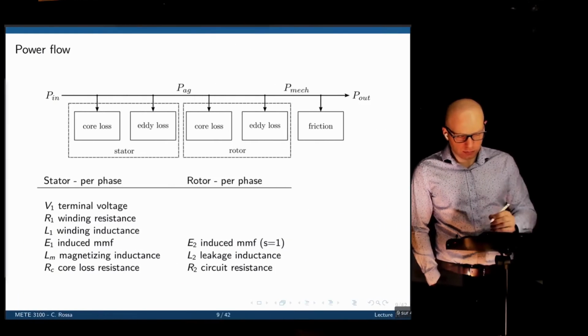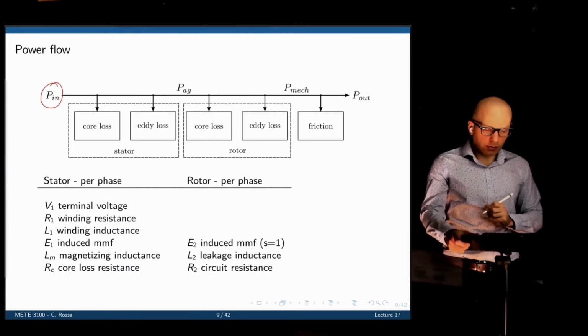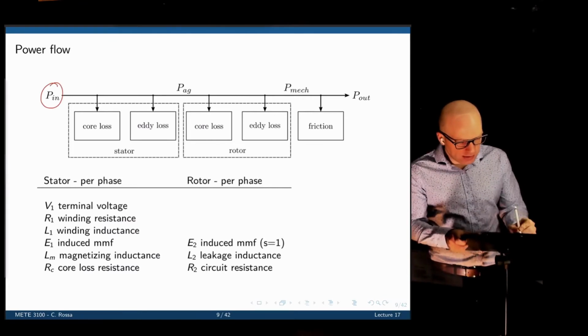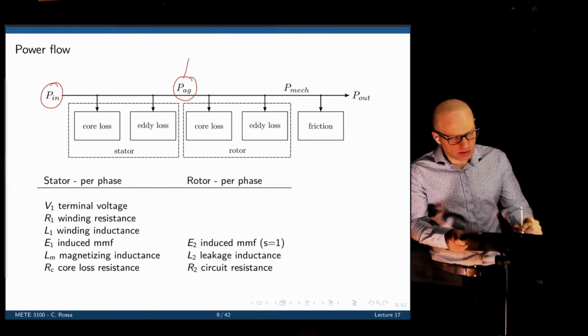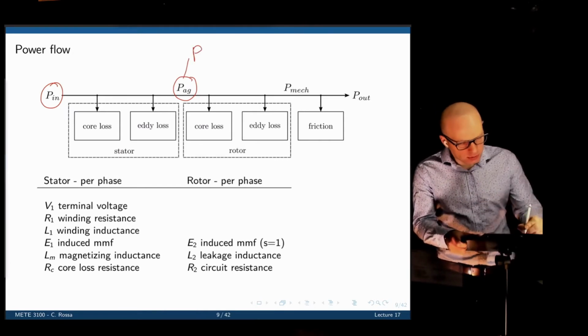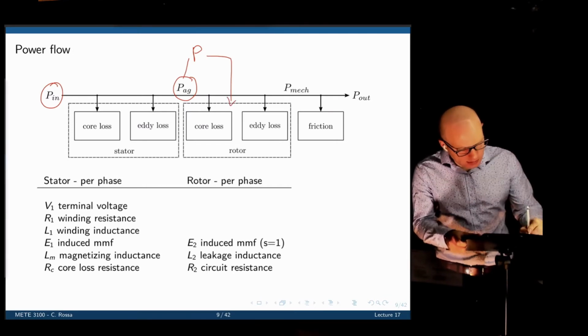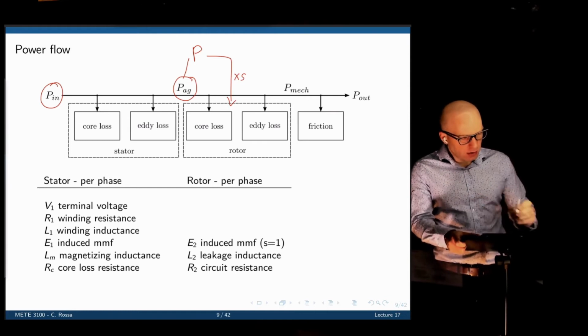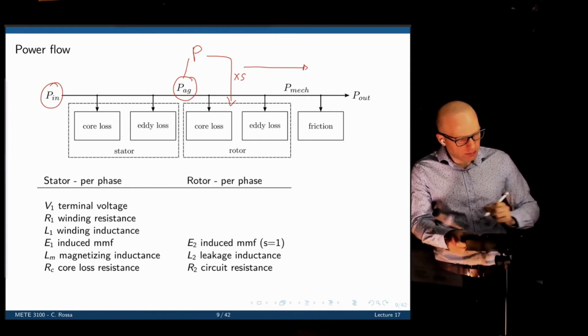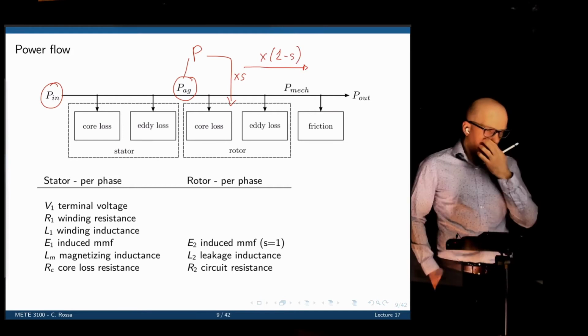Yeah, so this one, right? So this is the power input to the motor. Then this is the power we are dealing with right now. This is the actual power that goes into the air gap. All right, so some of that power goes in losses, that's multiplied by S. And some of that is transferred to mechanical power, that's the one multiplied by 1 minus S. Okay.